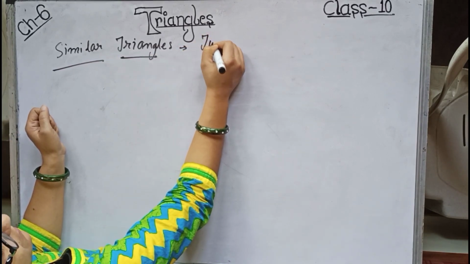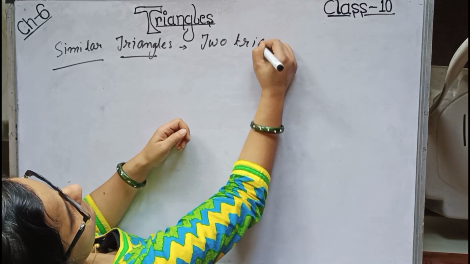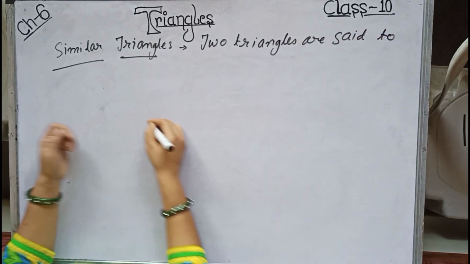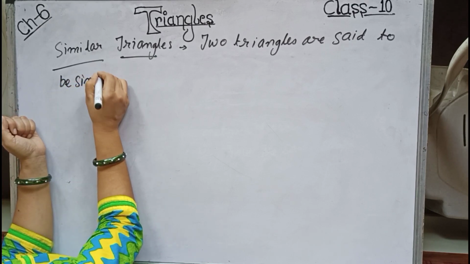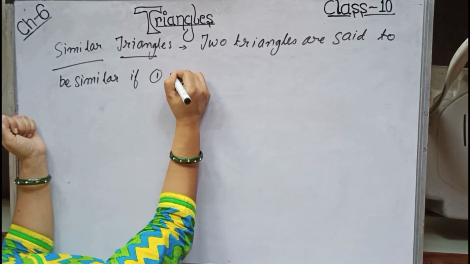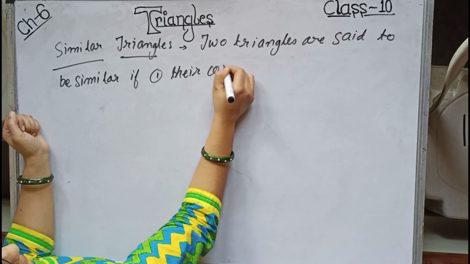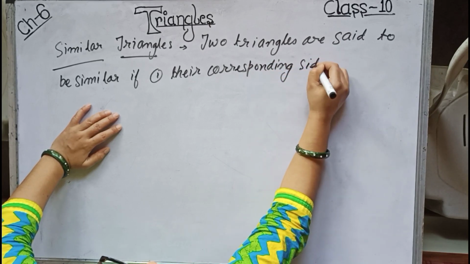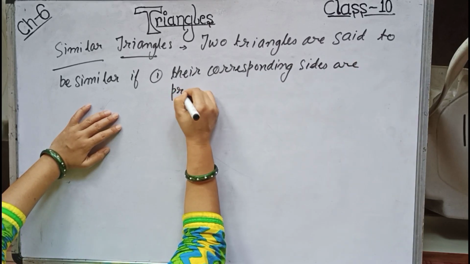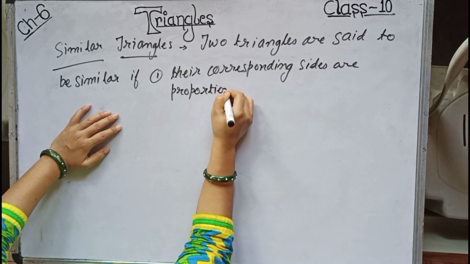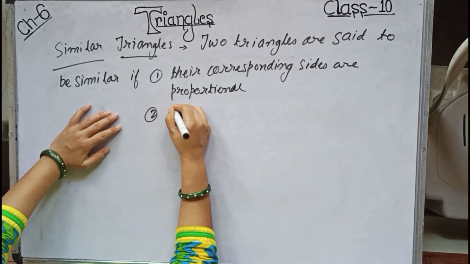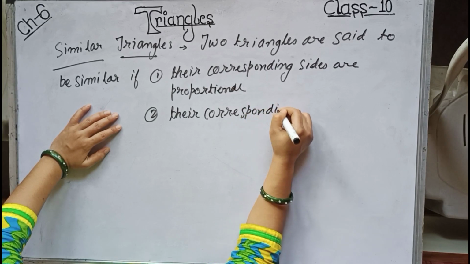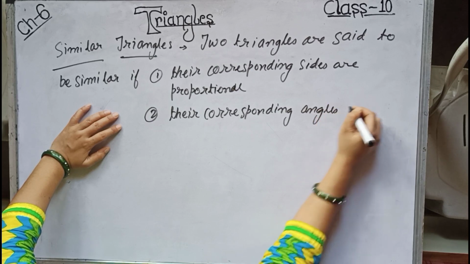So two triangles are said to be similar if number 1, their corresponding sides are proportional and number 2, their corresponding angles are equal.